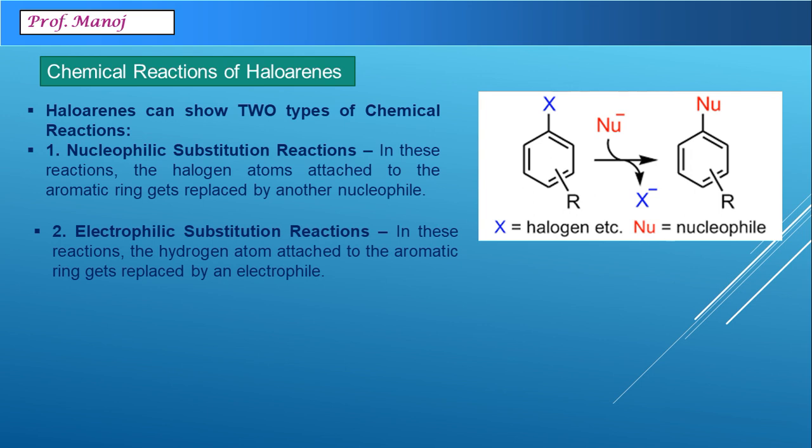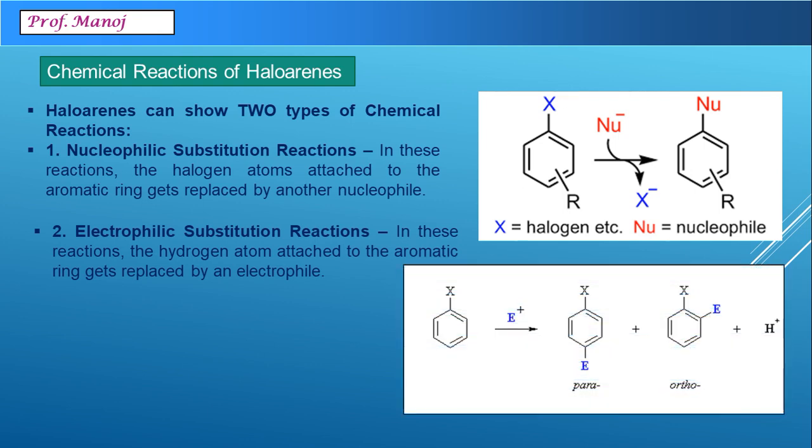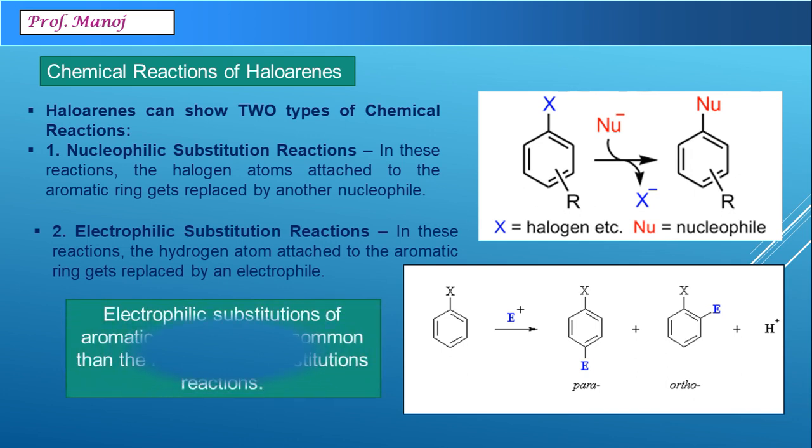The second type is the opposite, electrophilic substitution reactions. In this case, the electrophile, which is positively charged, will attack the hydrogen atom of the benzene ring. You can see there are two kinds of products possible, either para or ortho.